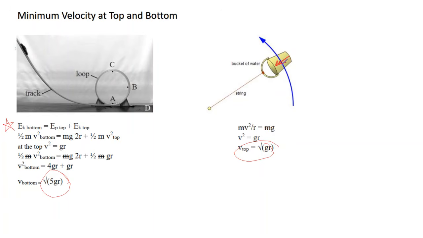So at the top, the only force that provides the necessary centripetal force is actually the weight. So mg is the weight, and weight alone provides the necessary centripetal force. Bear in mind, this is only for minimum velocity. Derivations are important. This has appeared in several examinations previously.